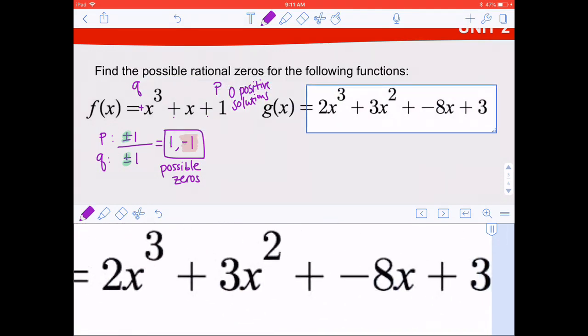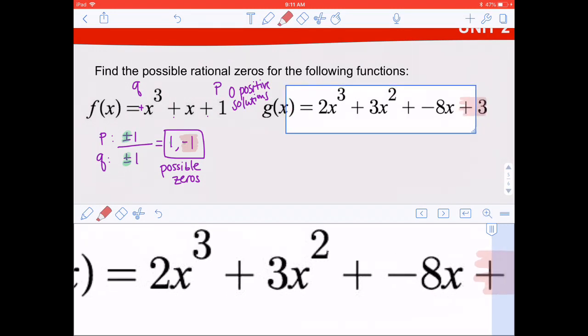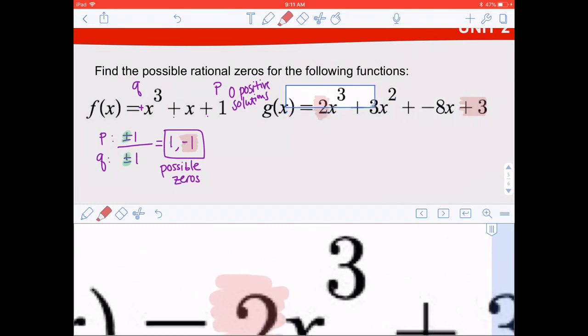So let's go ahead and do this next polynomial. I'm going to do the rational zero test. So that means I'm going to look at this back constant, and this front coefficient. You'll want to make sure that you have them in order always.